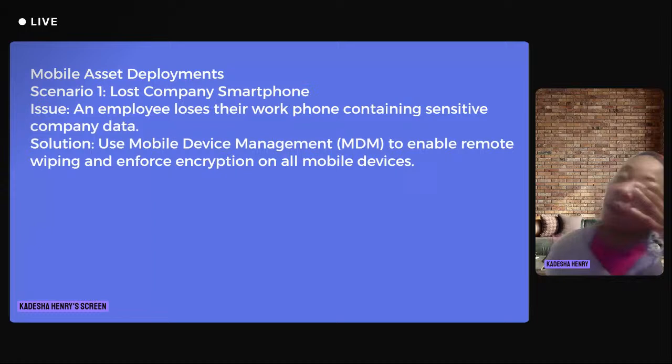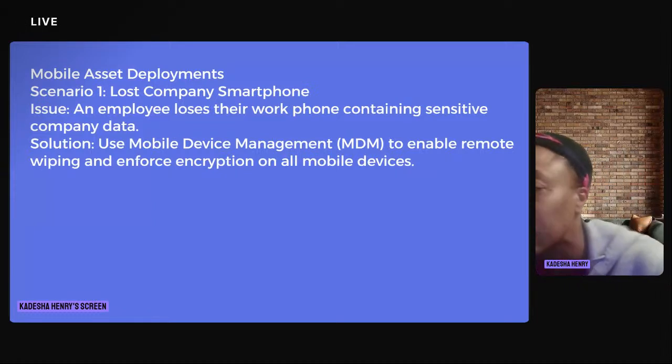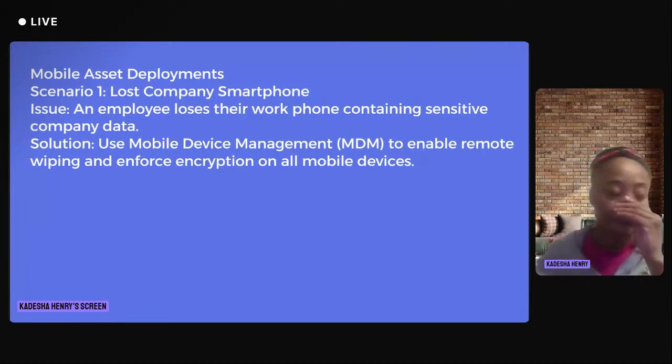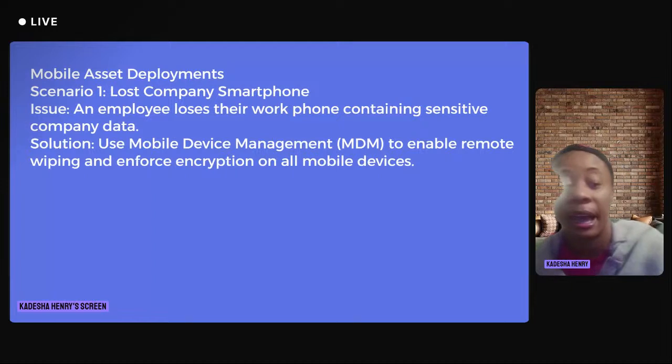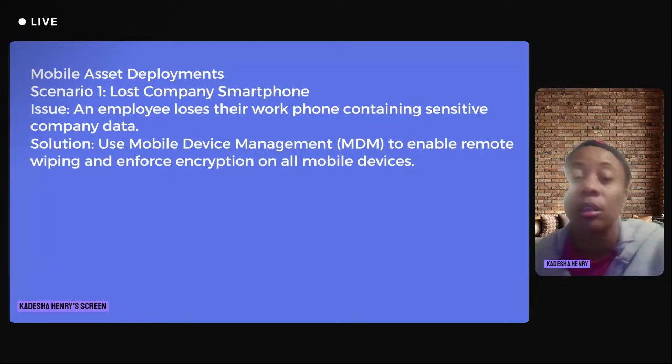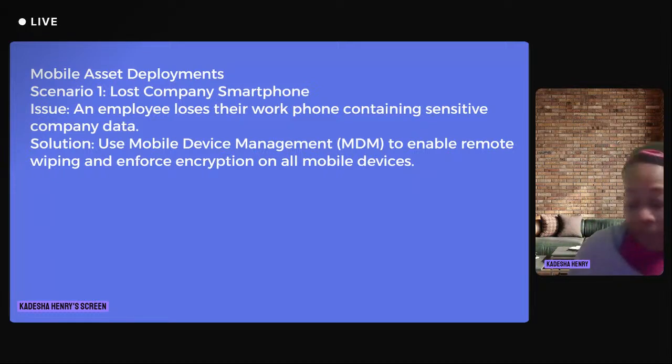Can you imagine places like TikTok, places like Facebook will probably have devices that they give to their employees. And you show up at work and say that the device was lost, or you inform them via email that you lost the device.